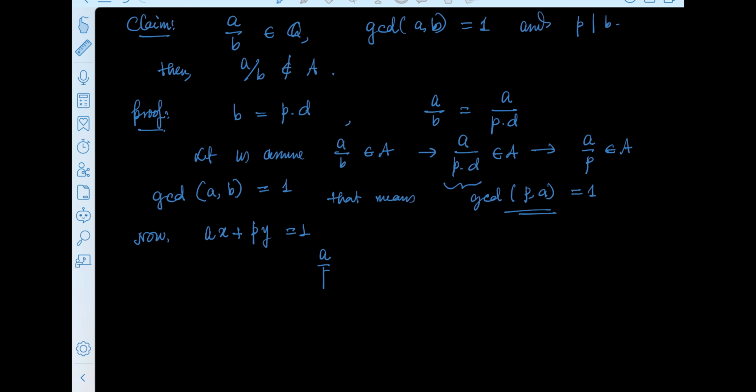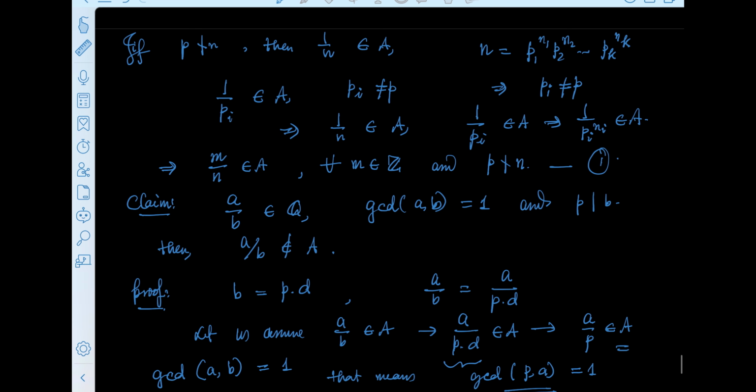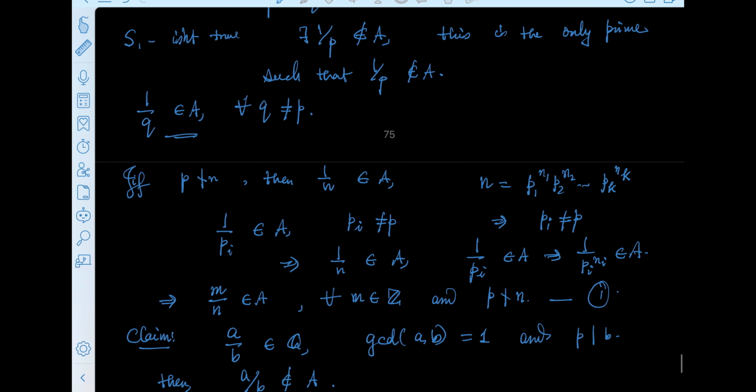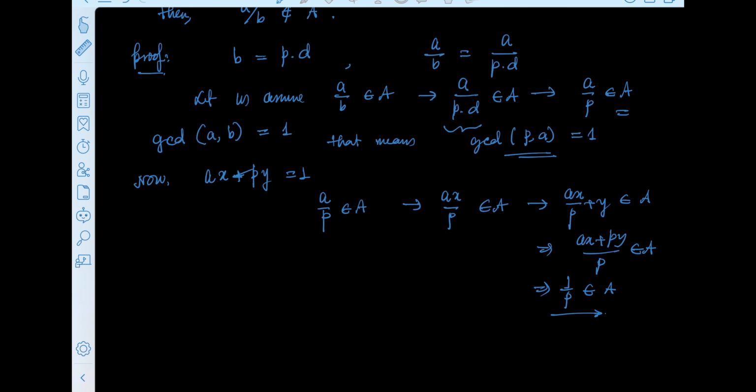Okay, so now A by P is inside A implies ax by P is inside A. That will imply ax by P plus y is inside A. That will imply ax plus py divided by P is inside A. That will imply 1 by P is inside A. But our conclusion is that if S1 is not true, then there exists a prime, this is the only prime, such that 1 by P is not inside A. So 1 by P is not inside A. So this is a contradiction.